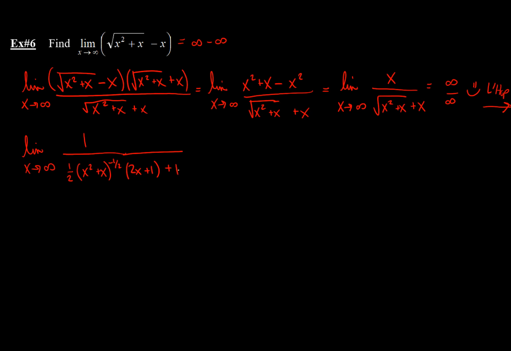All right, now that's a little icky, and we really don't want to plug in anything until we simplify it. So let's do that. So over here, I'm going to have 2x plus 1. Here I've got this plus 1. All over 2 square root of x squared plus x.